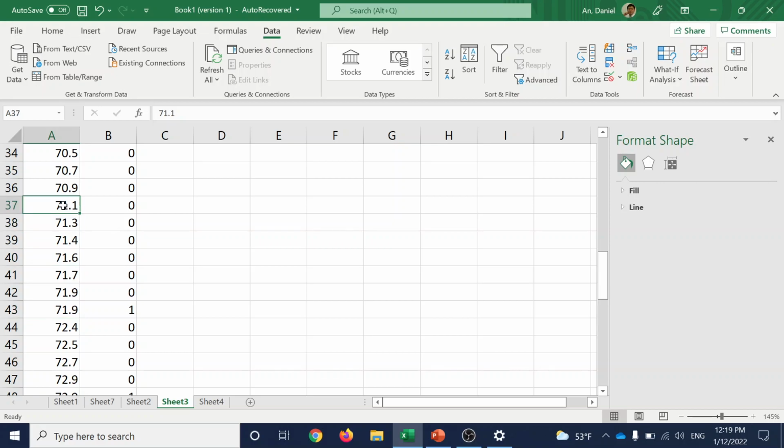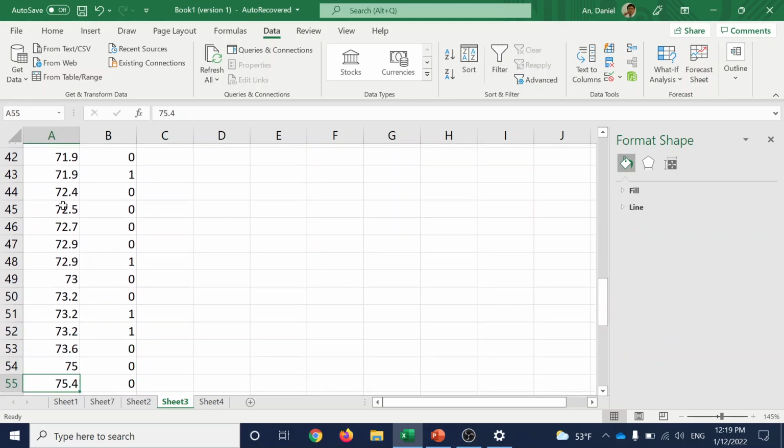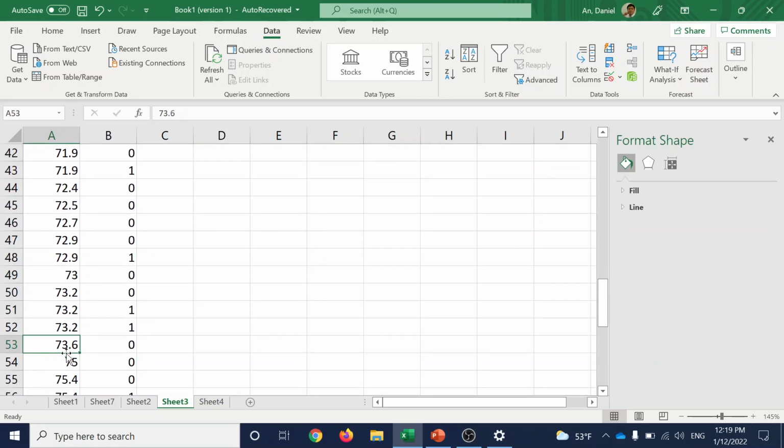I messed up. So 1 is 36, so you have to add 18. 35 plus 18 is 53. Yeah, 53. So if you start counting, you'll see that 73.6 is the upper quartile. Is that good? All right. So that's going to be the upper quartile.